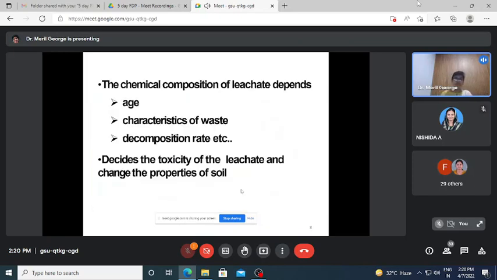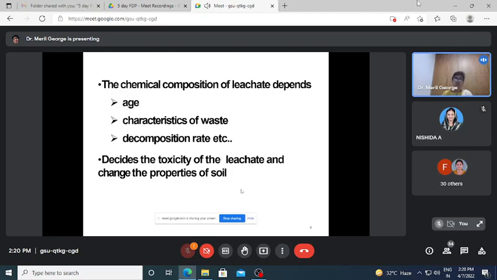So when we consider the chemical composition of leachate, as I said, the leachate generated from each municipal solid waste landfill site will be different. It depends upon the age of the waste, the characteristics of the waste, and the decomposition rate also.